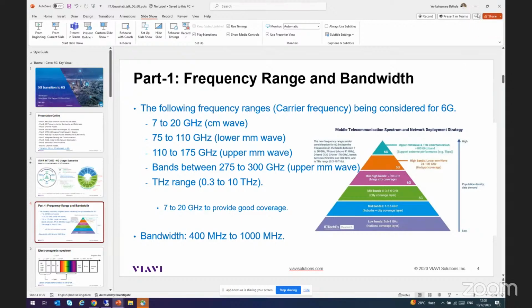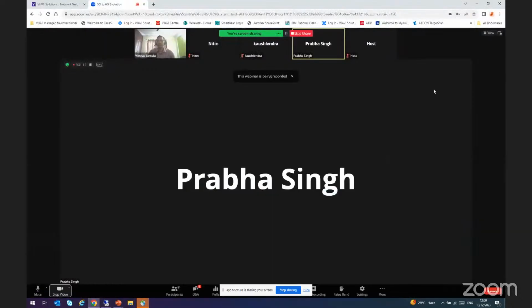Okay, we have another question. One of the attendees wants to know: 5G is still not deployed completely, but 6G is coming. Do we need 6G now, until we are able to take the benefits of 5G? I mean, it's not like that. 5G is getting deployed.